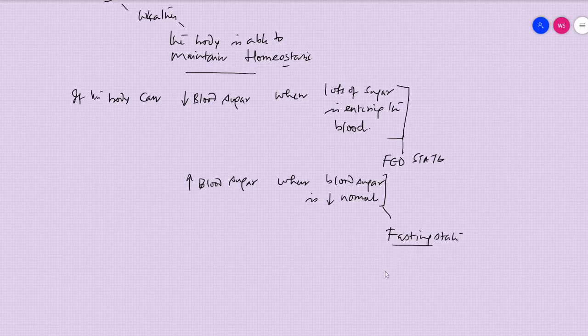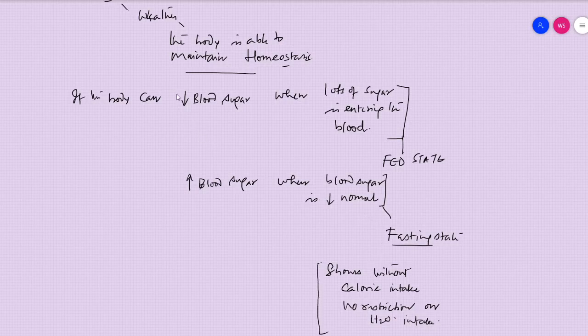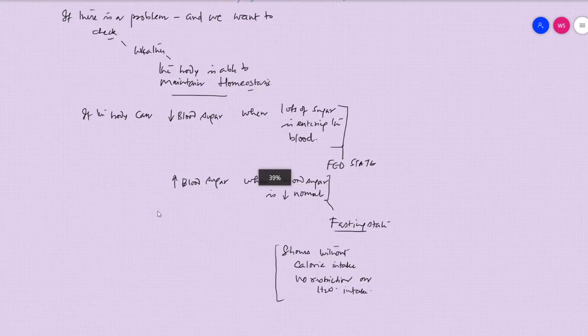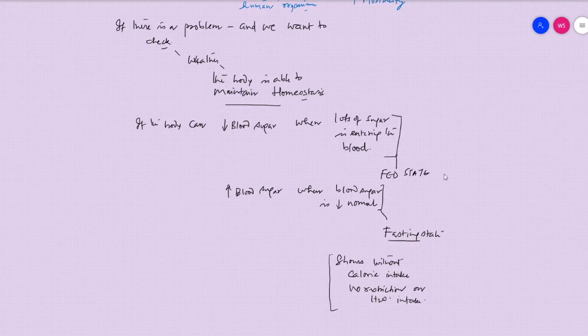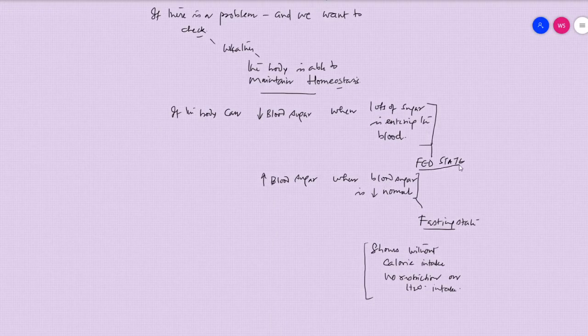Okay, so we define fasting as 8 hours without calorie intake. Okay, there is no restriction on water intake. Okay, so to look at whether there is a problem with the maintenance of homeostasis of blood sugar, we check the status in the fed state as well as the fasting state.